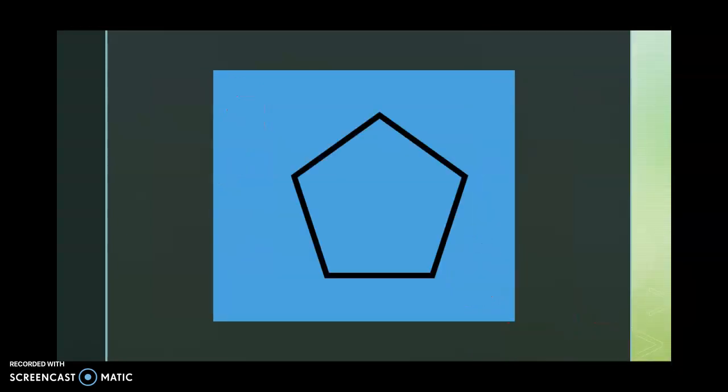Okay. Pentagon, the same thing. You can add all the inner angles up. The interior, you'll have n minus 2 times 180. So that should be 5 minus 2 times 180.